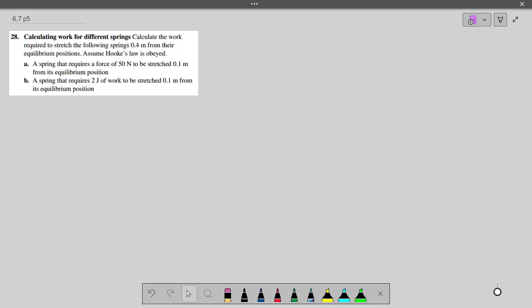Here they're giving us some value that can be used to find k. They tell us that we need a force of 50 newtons to stretch it 1/10 of a meter from equilibrium. So that's our data point that can be used to calculate the k value, the spring constant, for that first one. So find that spring constant and then answer this question. We want to stretch it 0.4 from equilibrium.